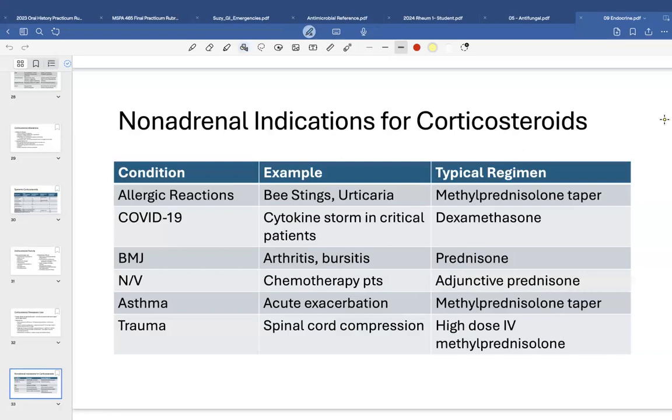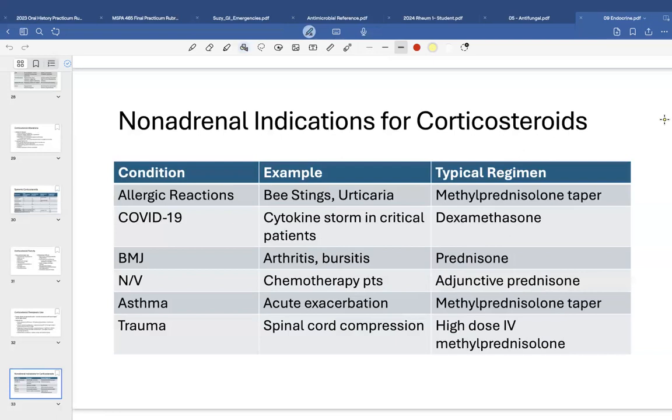We talked about the use of respiratory corticosteroids: inhaled corticosteroids, of course, for asthma, and then for acute exacerbations, you can hospitalize someone with asthma for wheezing, give IV steroids, and then discharge them on a methylprednisolone taper. And for spinal cord compression and other types of trauma, you will often see high doses of methylprednisolone to help protect the spinal cord. So all sorts of different paradigms and uses for corticosteroids.